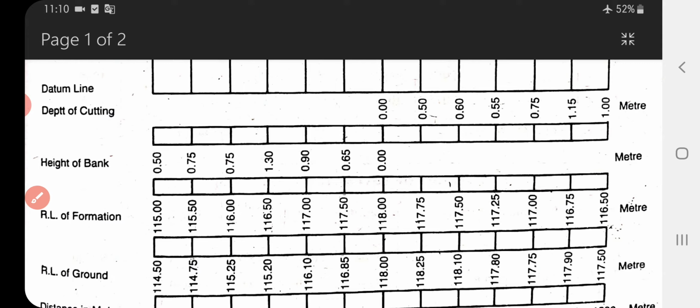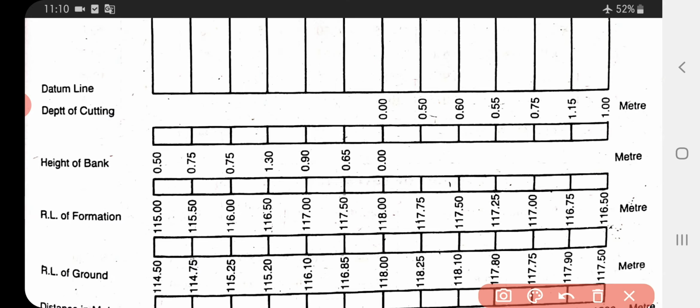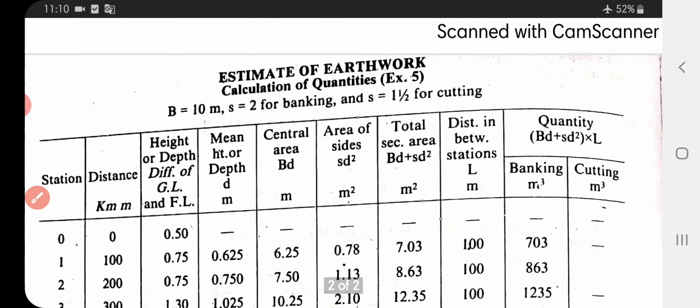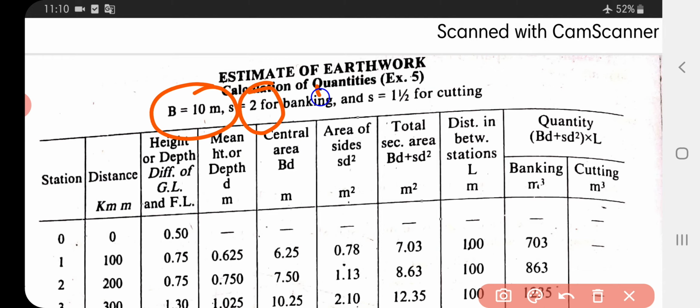Different heights of banking and depths of cutting are given, RL of formation and RL of ground, all are given in your question. As I already discussed, the value of B equal to 10 meters, the value of S equal to 2 for banking, and for cutting the value is 1.5.